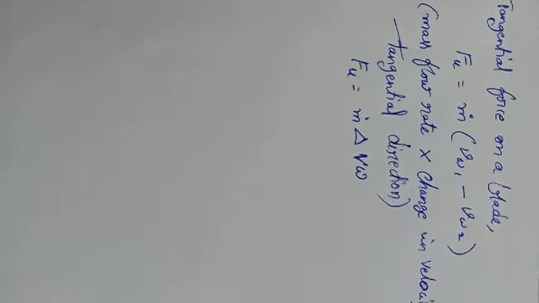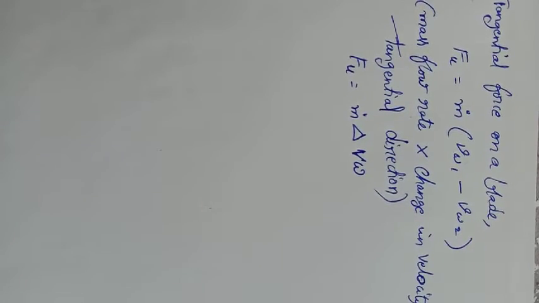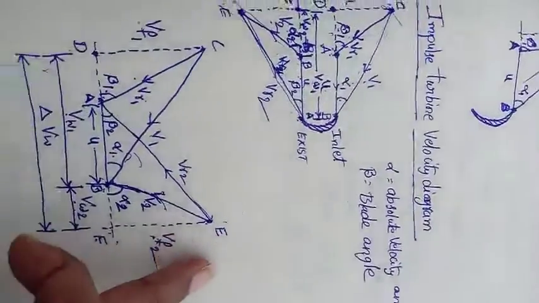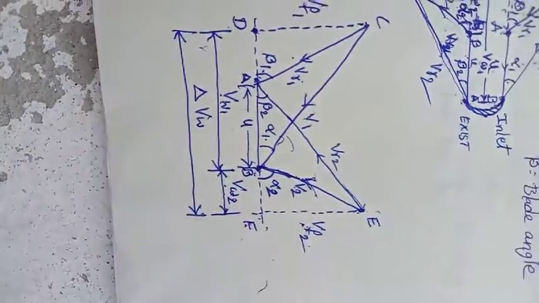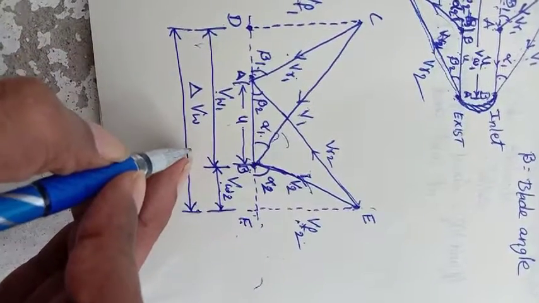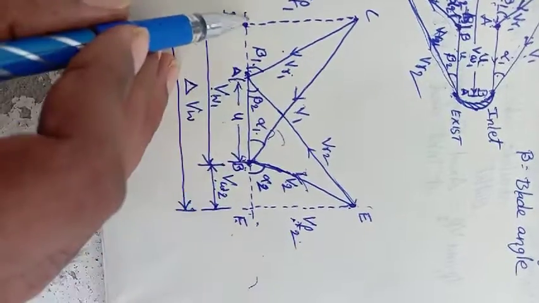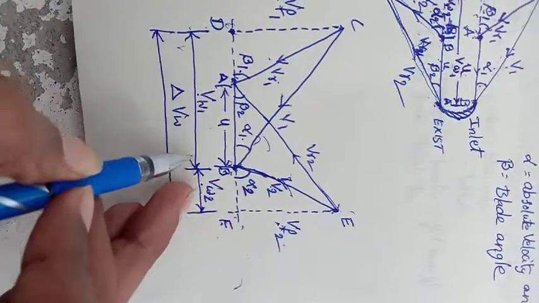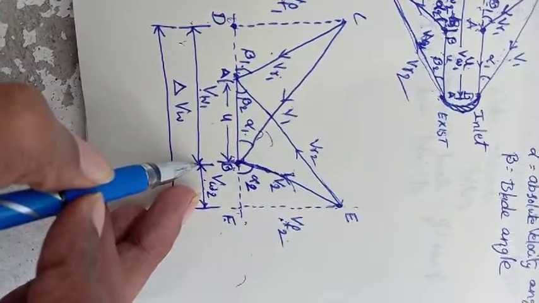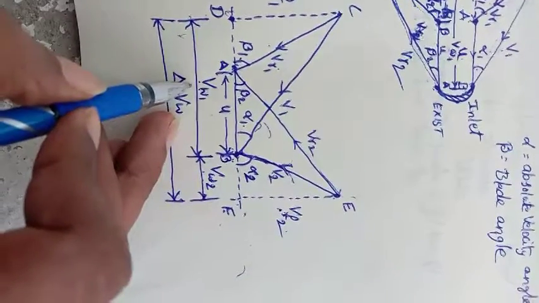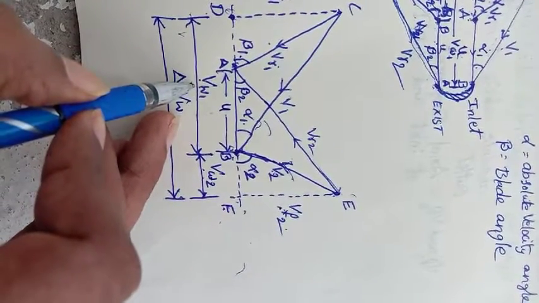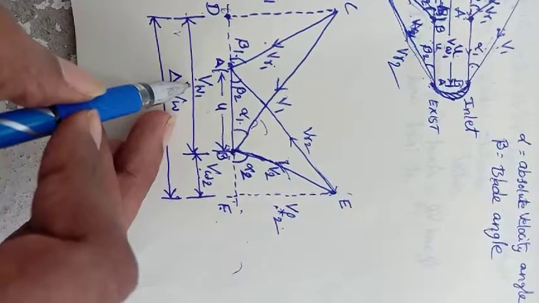Here to here is the real velocity 1. Is it right?